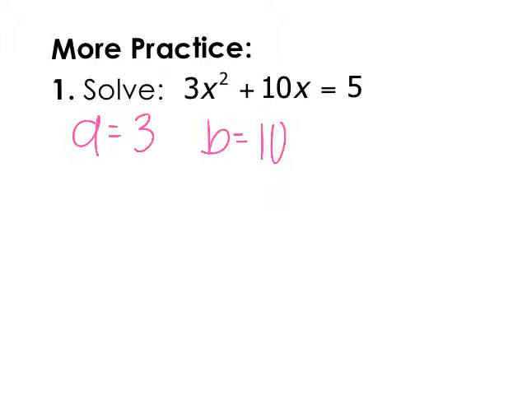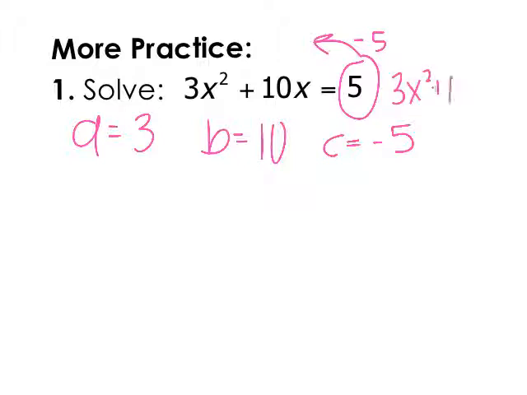So how can I move this 5 over? Good, I need to minus 5. So C would be equal to negative 5. If I were to rewrite this, I would get 3x squared plus 10x minus 5 equals 0. All I did was move that 5 over.